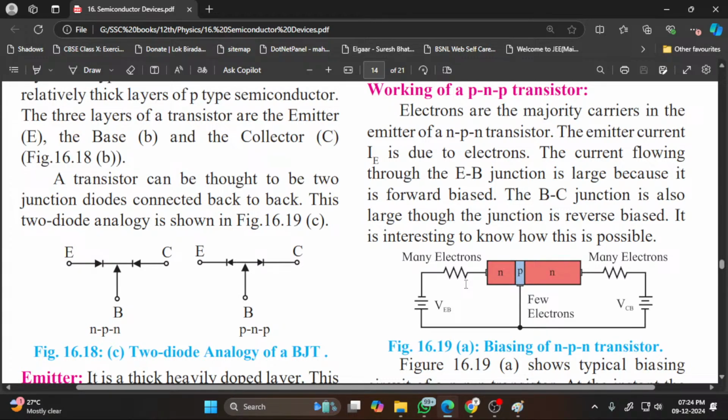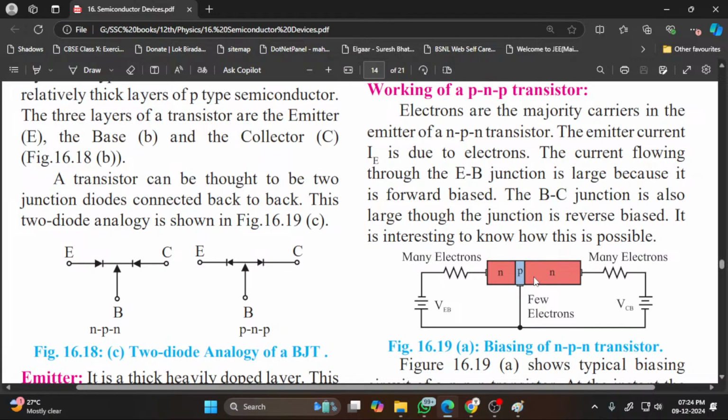Current flows through the emitter base junction and it is large because the emitter base junction is forward biased. You can see here the negative terminal of the battery connected to the N region, positive to the P region. So this emitter base junction is forward biased. Base collector junction is reverse biased.